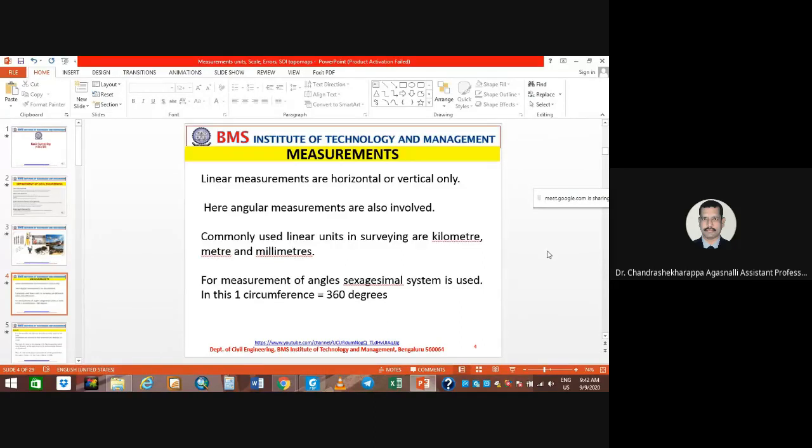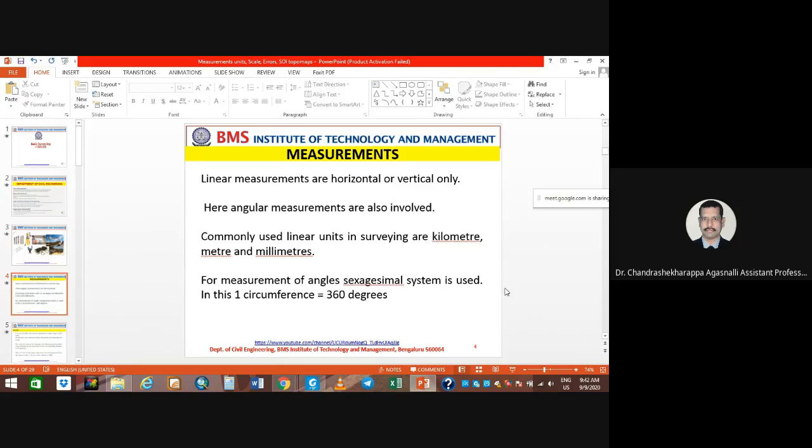Commonly we use linear units in surveying. That's the kilometer. How many kilometers from here to Yelahanka, from here to Majestic? A kilometer is a common measurement. You can also put the measurement units in meters, as per your convenience and requirement.